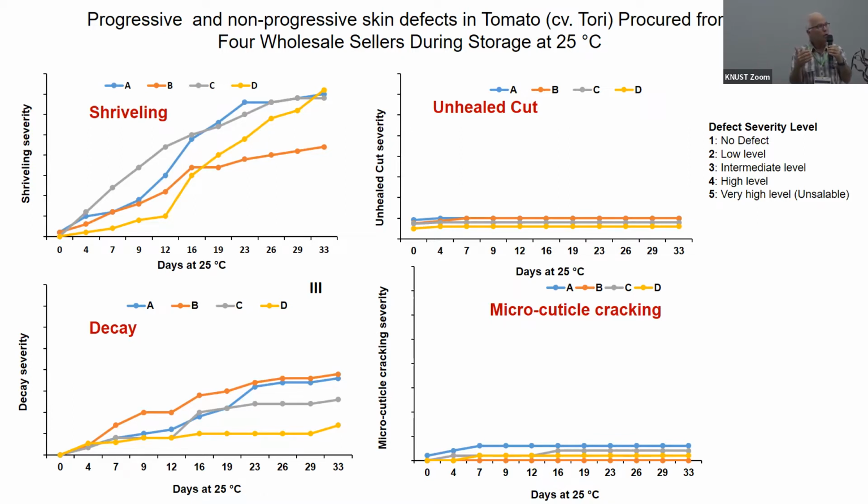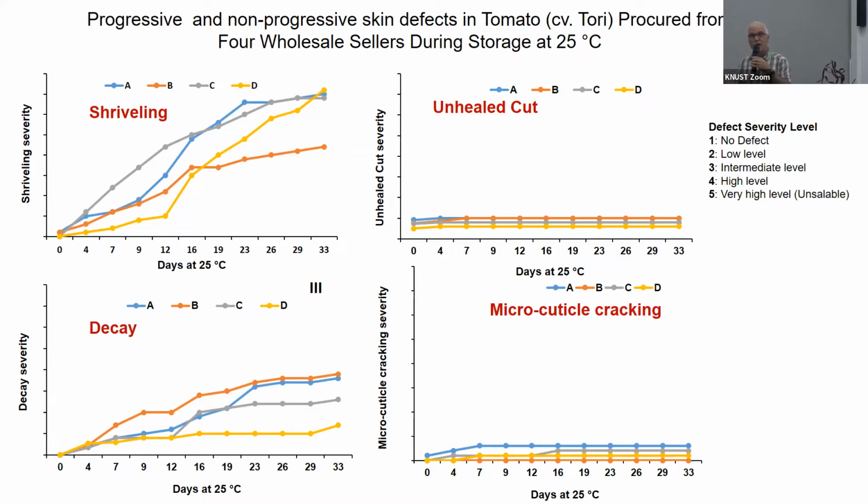So you can store the tomatoes, in this case, for 33 days under those conditions without those disorders becoming relevant in terms of affecting the quality of the fruit, other than the initial damage that you see when you buy them.